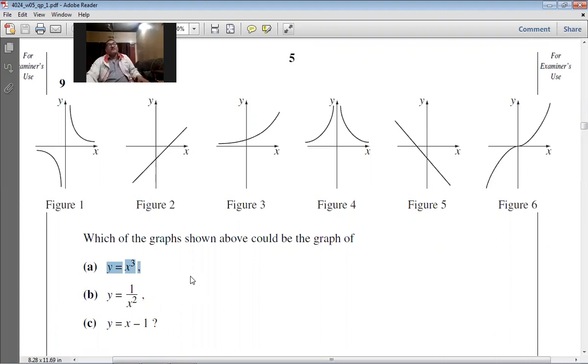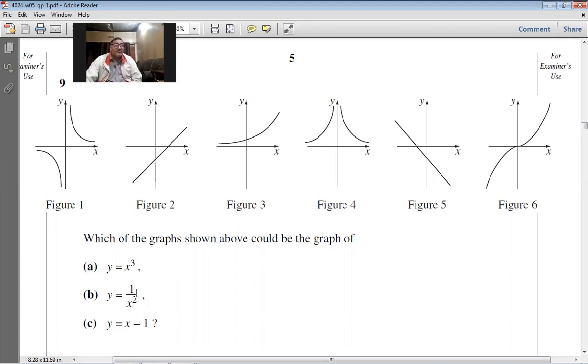If you put positive numbers in place of x, the value of y will be positive, and if you put negative numbers, the value will be negative. At 0, the y value will also be 0. So I think this is the choice, figure number 6. Figure number 6 will be the answer.